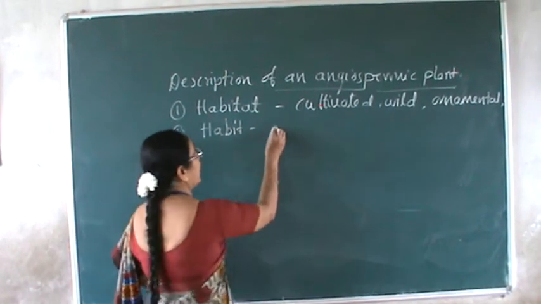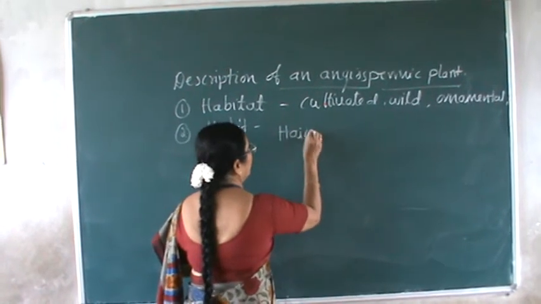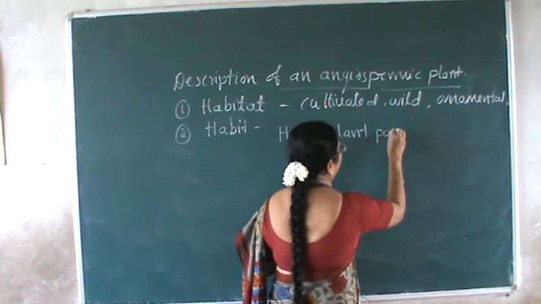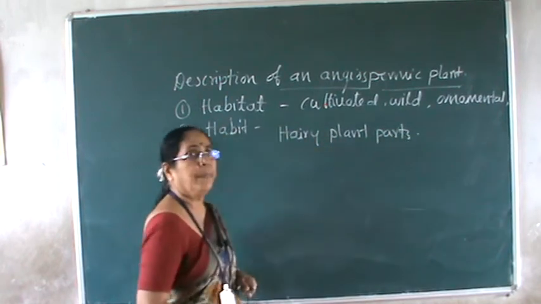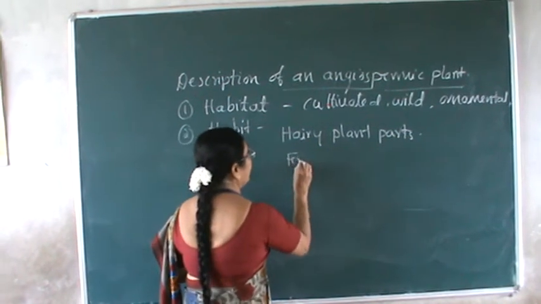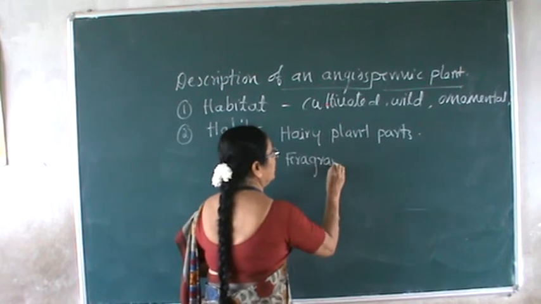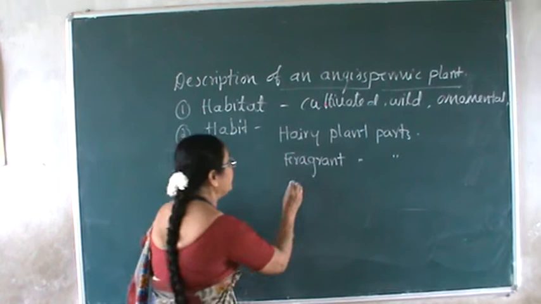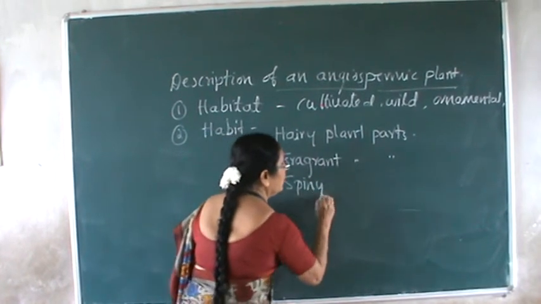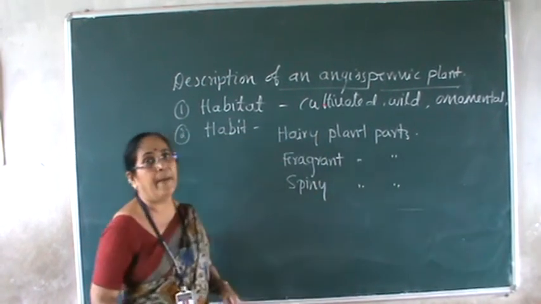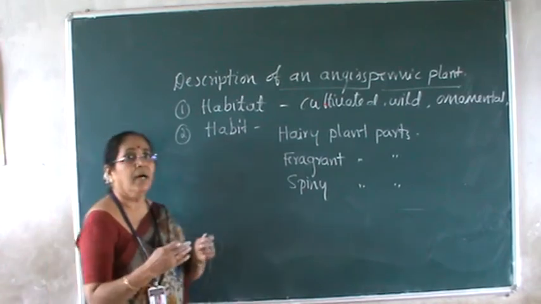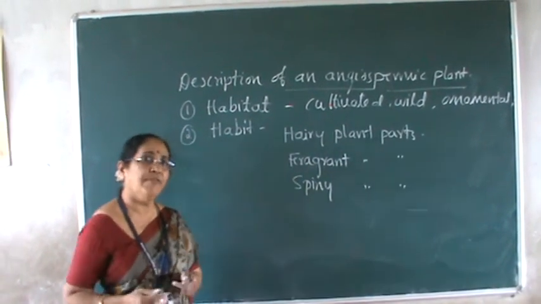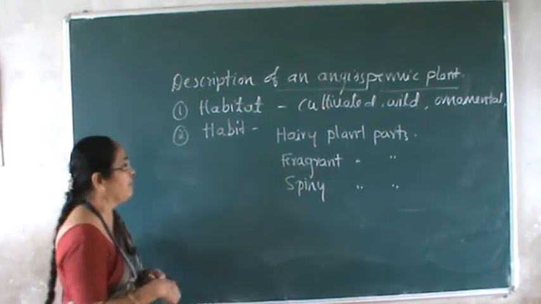If the plant parts are hairy, that can be mentioned in the habit only. If the plant parts are very much fragrant, that can also be mentioned. If it is very much spiny, that can also be mentioned in the habit itself. These are all additional characters which must be explained in the habit part itself. Directly you can put it in the habit itself.